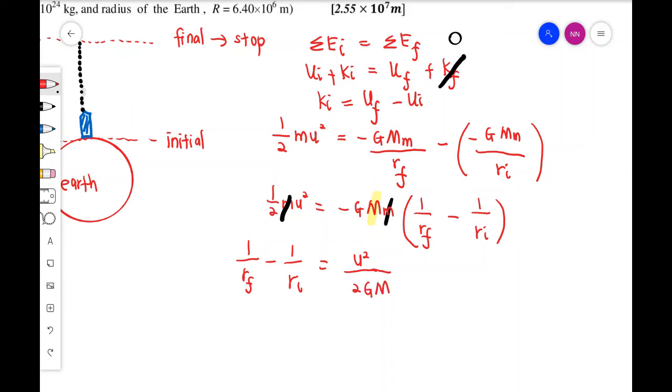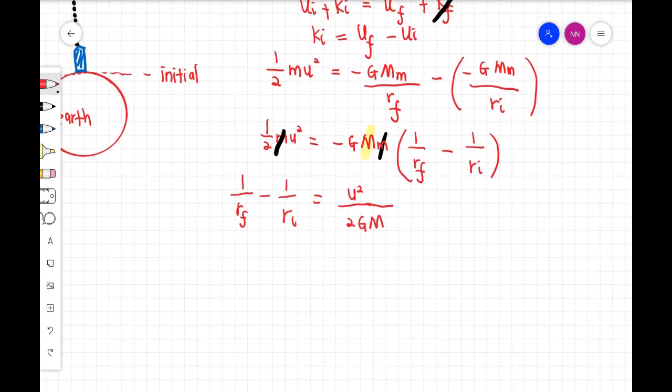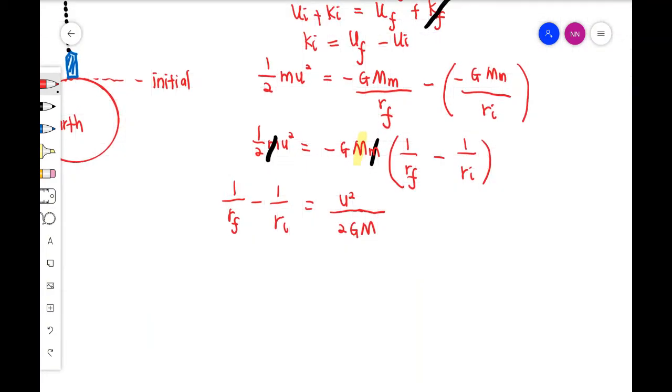GM ada kat bawah, bahagi dengan GM. So ada negatif kat situ. Kalau kita nak hilangkan negatif tu, kita boleh terbalikkan, dia akan jadi 1 over R initial minus 1 over R final, so equals to U squared over 2 GM.